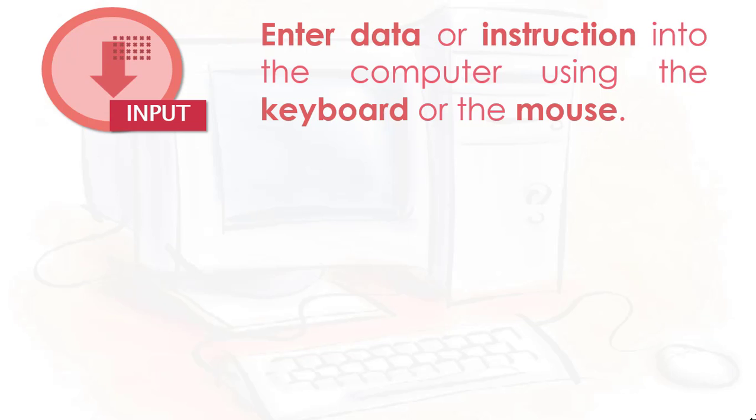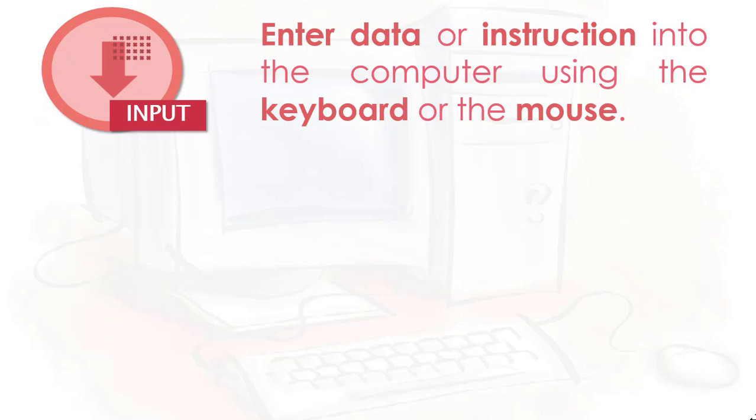Whichever data we feed into the computer system by using the keyboard and mouse is known as input. Let's take an example. If we are typing something in the computer by using the keyboard, at that time we are giving instructions or data to the computer system that you have to write something.